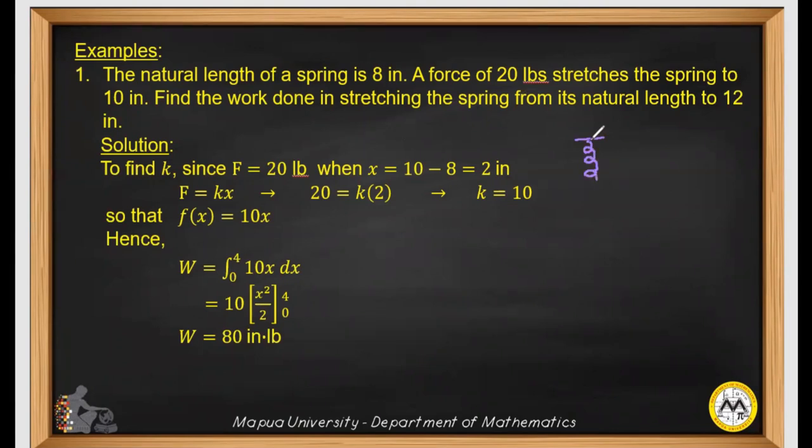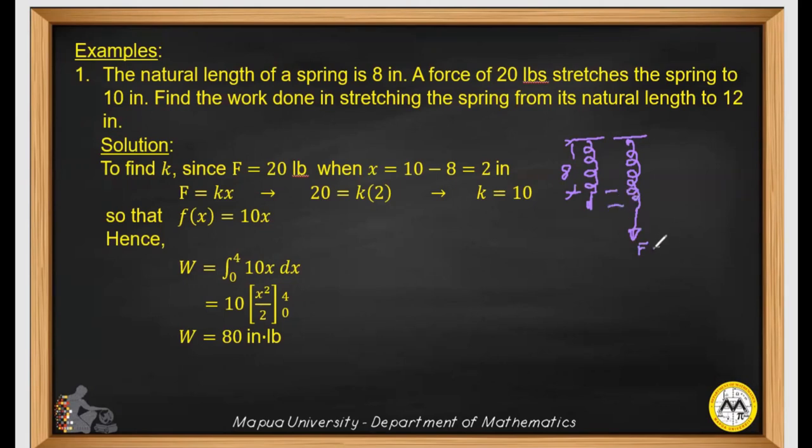So if we consider the spring, this is the spring whose natural length is equal to 8 inches. Now, a force F is applied on the spring. If a force F is applied on the spring, then of course it will elongate.